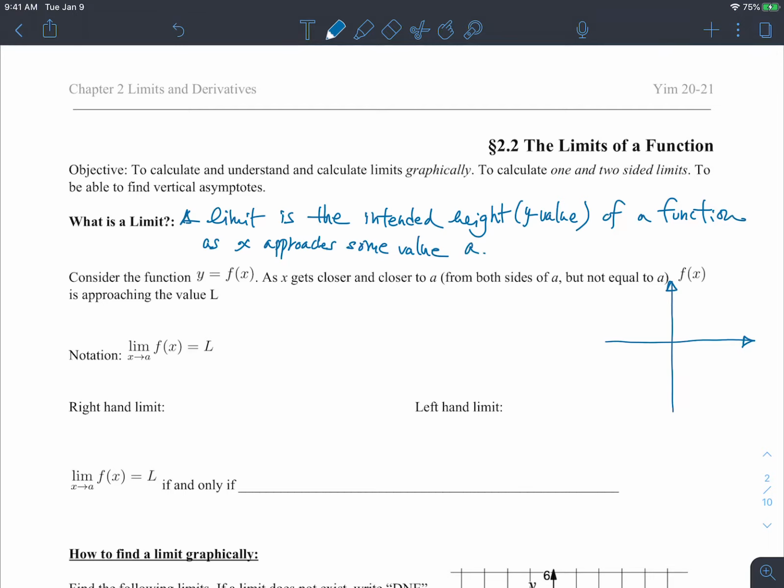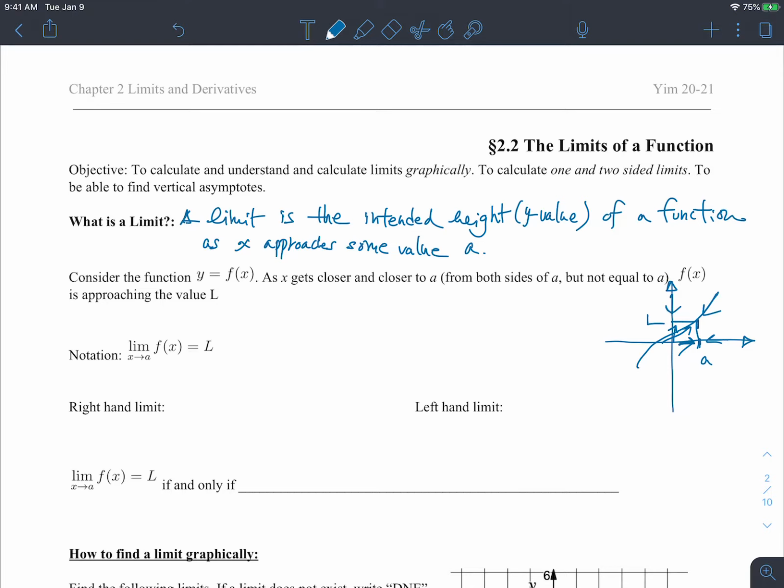So in our case, let's say a is over here and maybe the function looks like this, and maybe that is L. As x is approaching this way, my y value is approaching this way, so graphically it goes this way, or from the left, this way, then it will go up this way. That's basically what it is.